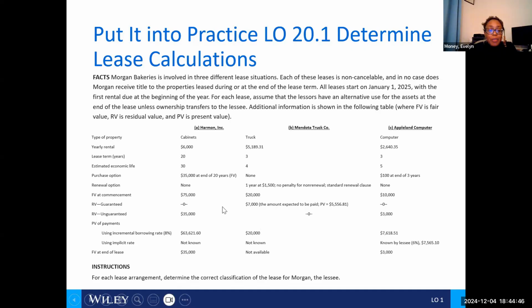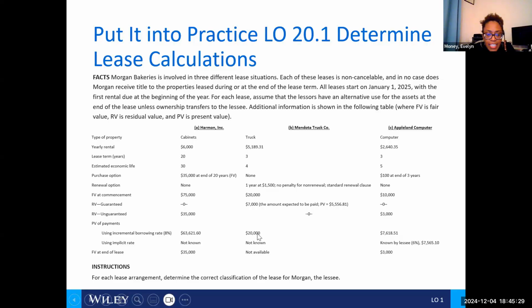Now, let's look at the 90% test. The fair value of this asset is $20,000. And if I take 90% of that, I need the present value of my lease payments to be greater than 18,000. So the 20,000 times the 90% gives me 18,000. Now, when I find the present value of my payments, I'm going to find the present value of an annuity due for the 5,000 and some change over the life of my lease. And where is my interest rate?